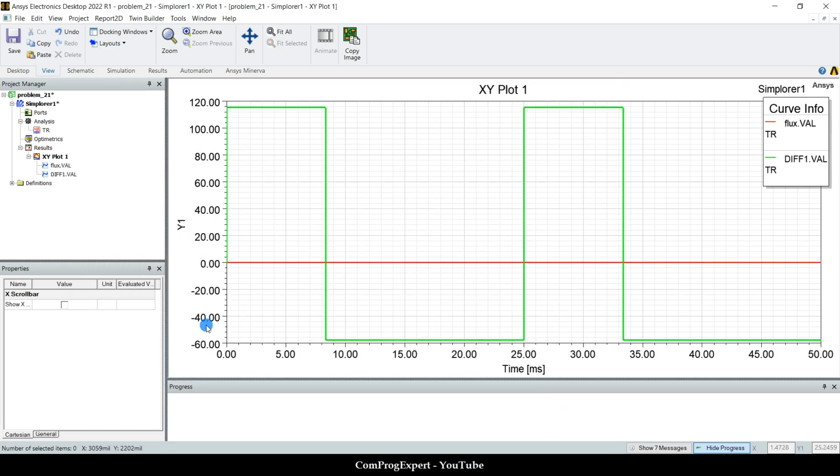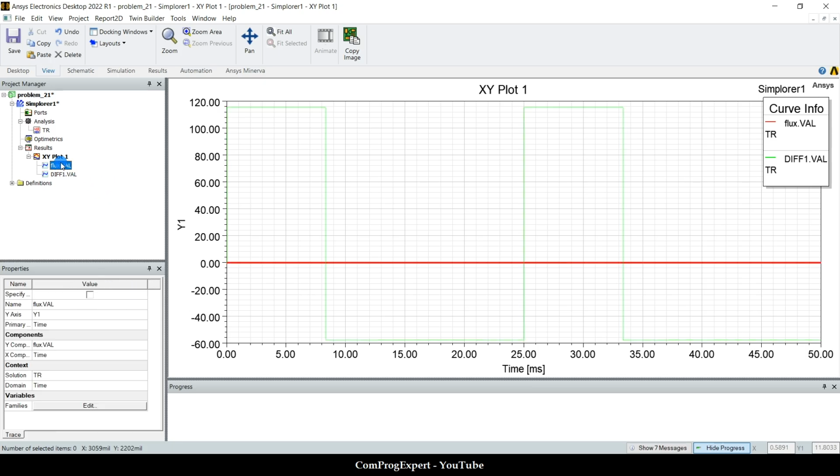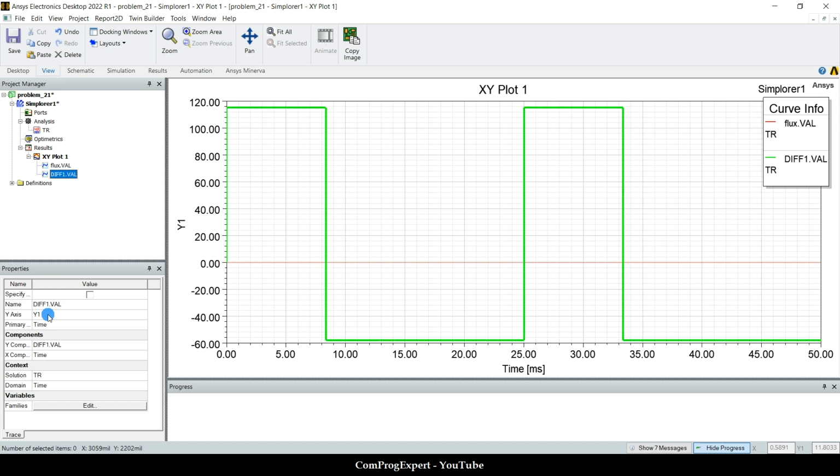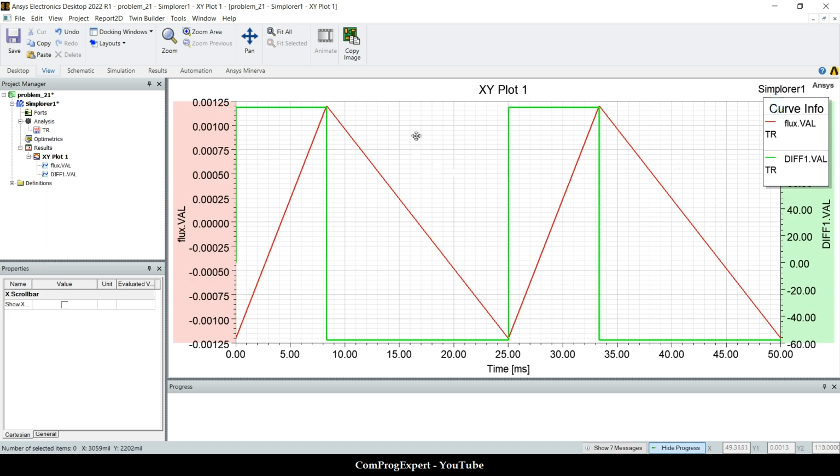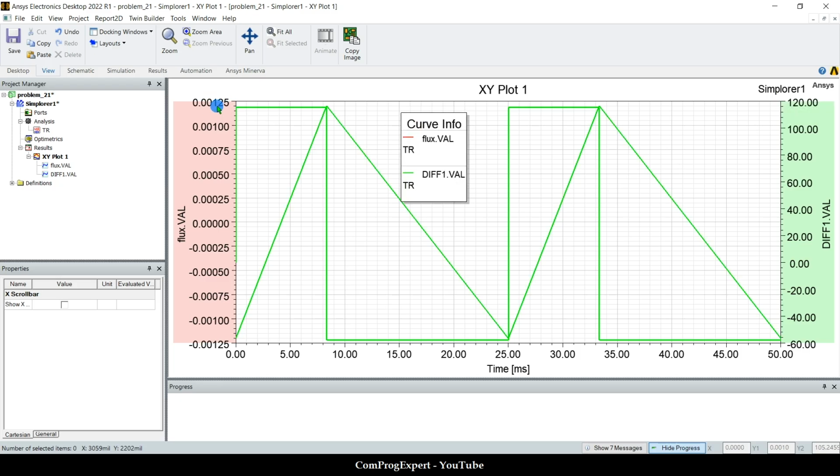Because the y-axis of these two functions is the same, we have this graph. But here you can select flux.val and set it on y-axis y1, and diff.val on y2. In this case, we have this axis for the flux, and this for the EMF.